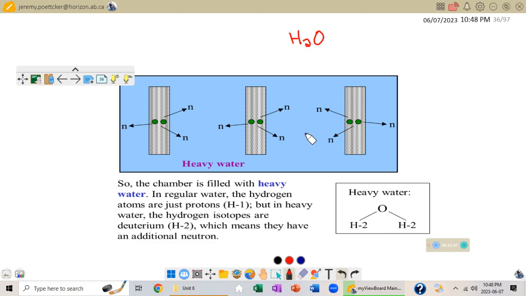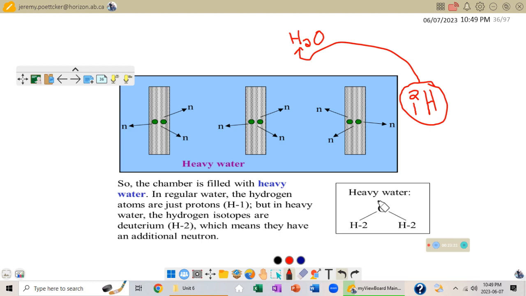But in our heavy water here is deuterium. So hydrogen with one proton, obviously, otherwise it's not hydrogen, and one neutron. So we would write this as hydrogen-2, or this. Right? So that's in terms of the hydrogen. If I'm writing it in isotope notation, that's what I'm using. And I'm using each of these hydrogens in this chemical formation with water. All right, does that make sense?